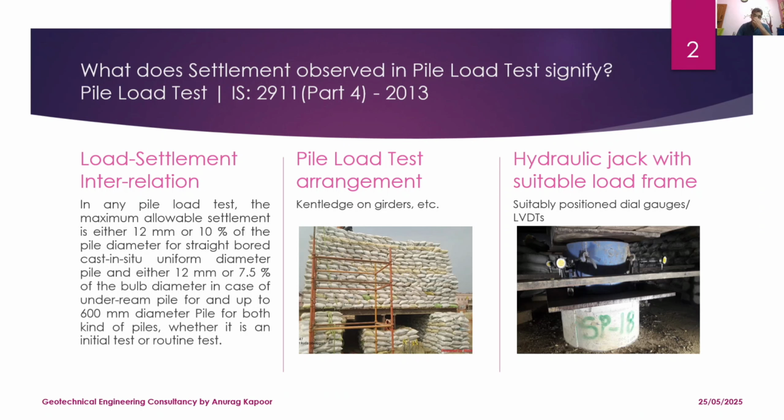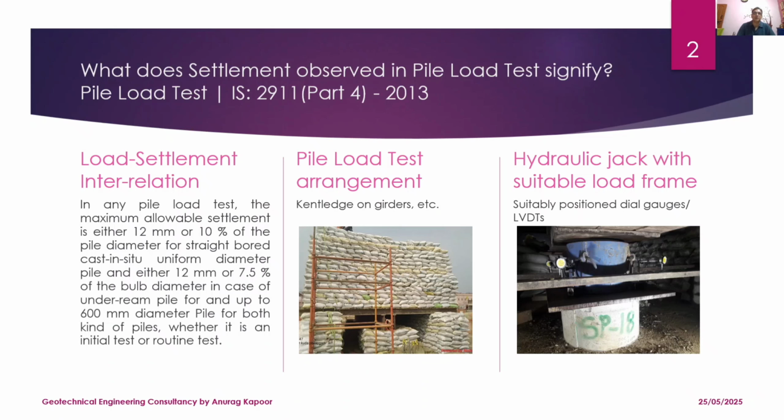Now, the first slide in this video shows what the settlement observed in pile load test actually signifies as per Indian Standard Code IS 2911 Part 4 2013. Load settlement interrelation.